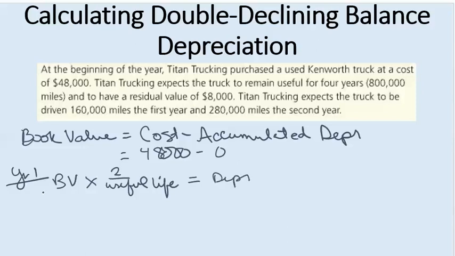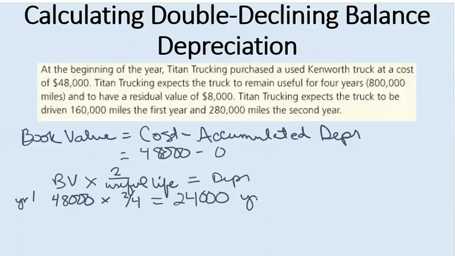So book value in year 1 will be 48,000 times 2 over the useful life, which was 4 years. So it's going to be 1/2. So that should be $24,000 in year 1.